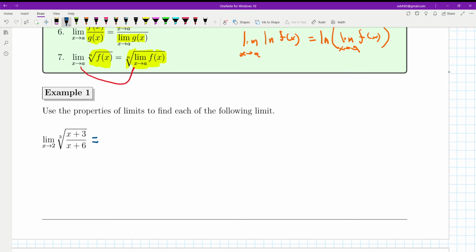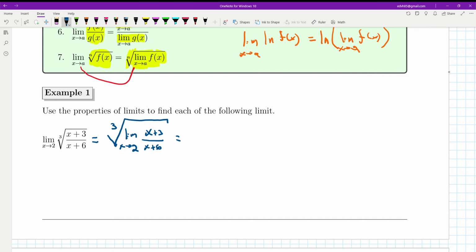I'm going to write this in the form of the cube root of the limit of x plus 3 over x plus 6 as x approaches 2. And then furthermore, I'm going to use the limit of a quotient, which can be rewritten as the quotient of two limits.